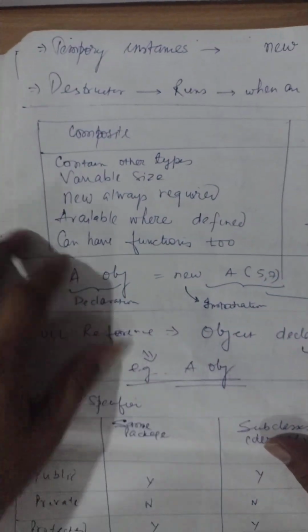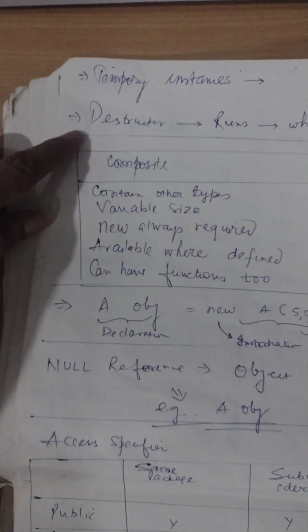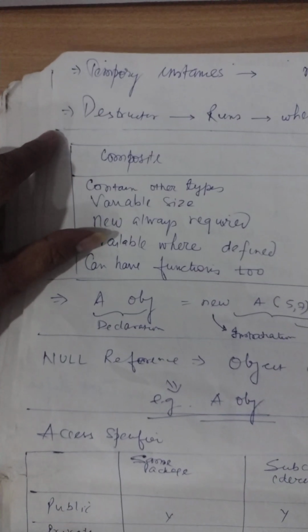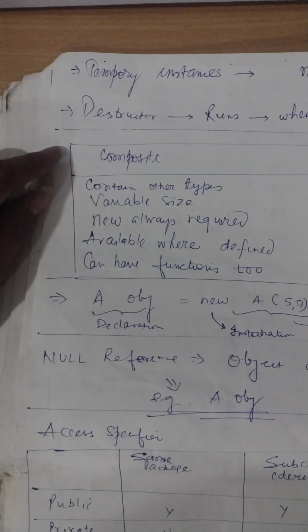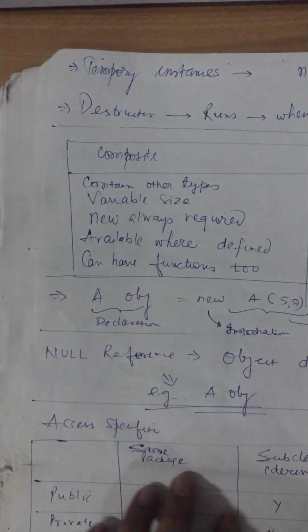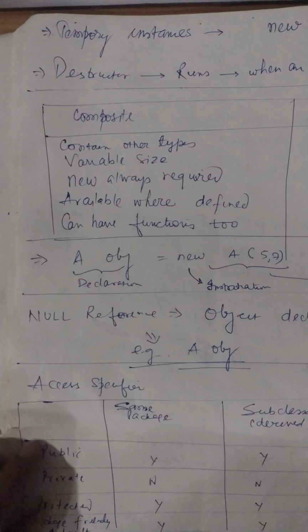Next is the basic concept of creating a temporary instance, destructor. When it runs, it will remove the object from memory. Then the difference between composite and primitive data type, null references.